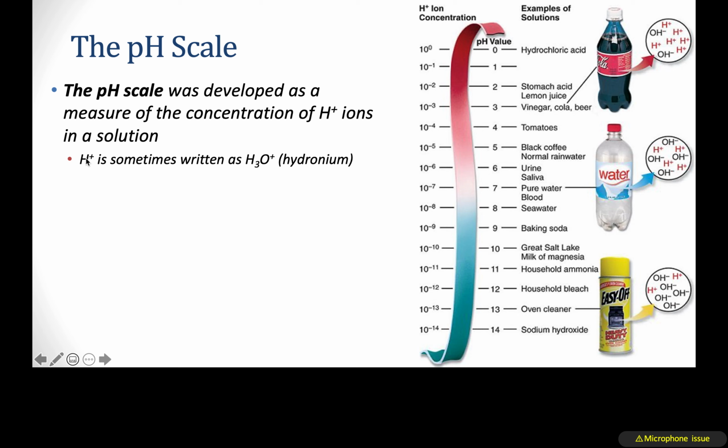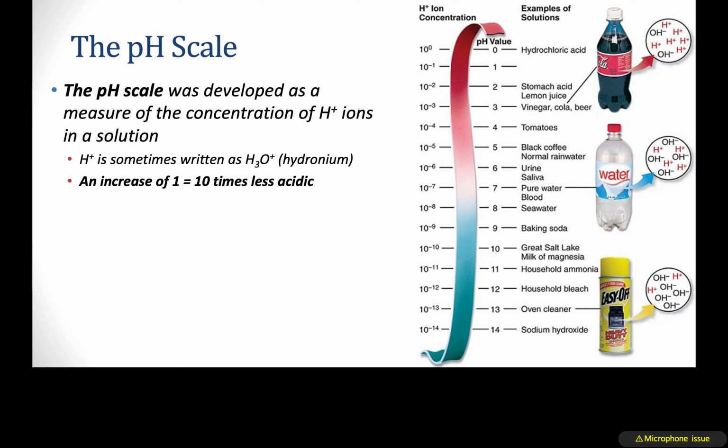When H plus is donated to water, it can combine with H2O and make H3O plus, or it can exist as H plus ions. For our purposes, these are the exact same thing. So you could also say the pH scale was developed as a measure of the concentration of H3O plus ions in a solution. This is super important.